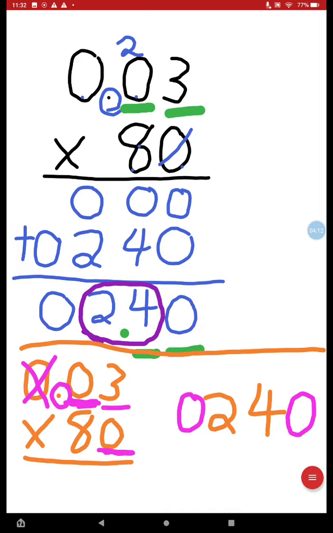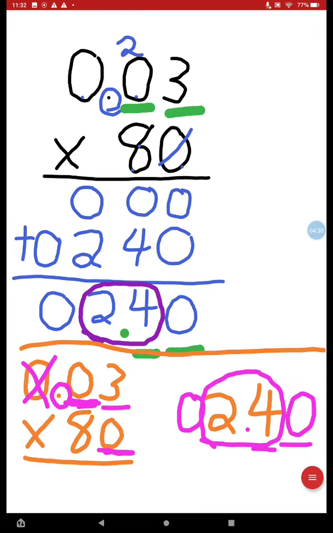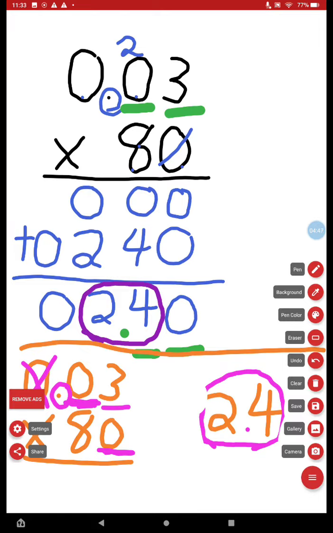Put your decimal point there. Hey, what did you see? I got 2.4 as my answer, just like I did over here. And if I use my eraser to erase all these extra marks, I can clearly see my answer is still 2.4. So either method will get you there, fifth grade. Up here, you're using the two-step method. Down here, you're using the mental math method.